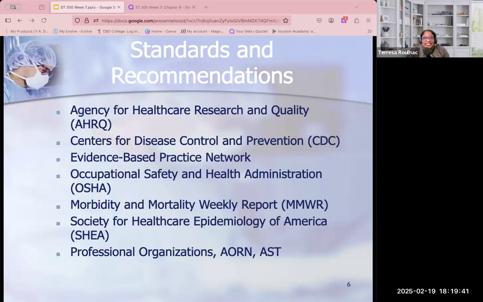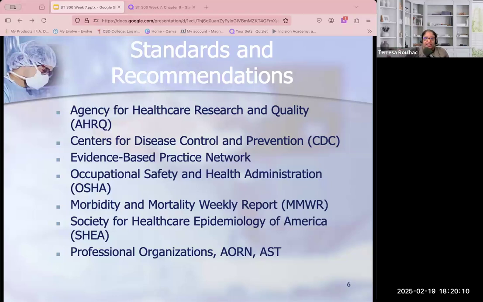All of these things can cause the transfer of blood-borne pathogens. We also have what's called an MMWR, which is morbidity and mortality, a weekly report on all of the surgical site infections and preventive measures. Again, we're just trying to improve our surgical practice.